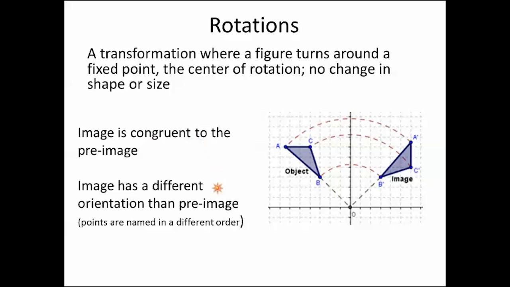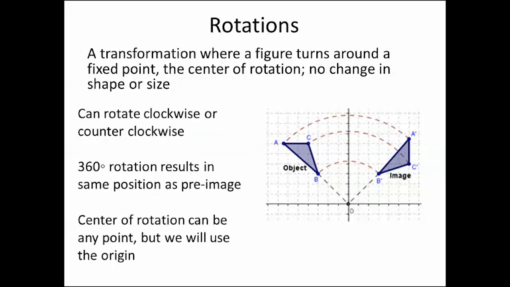We are going to have a different orientation, more than likely, from the image compared to the pre-image because we are turning it. So it makes sense that if we turn it, more than likely the orientation is going to be a little bit different. And you're going to notice that the points are going to be named in a different order depending on how far it's turned. But it still is congruent even though we have turned it.